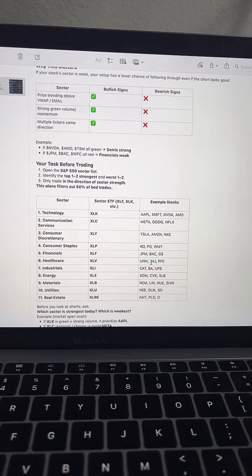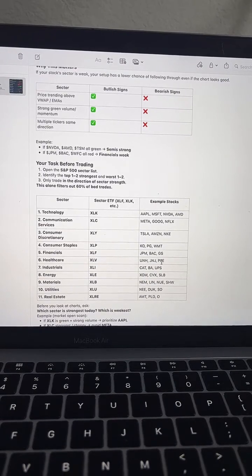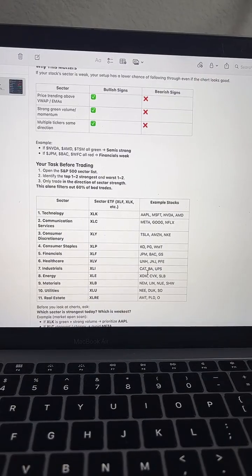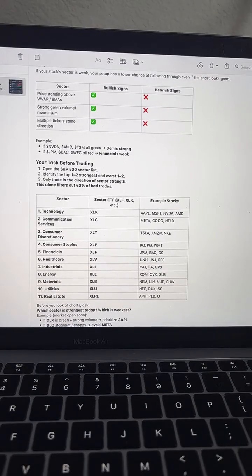Healthcare, you have United Healthcare, Johnson & Johnson, Pfizer. Industrials, that's Caterpillar, Boeing, UPS. Energy, the oil sector, you have ExxonMobil, CVX, which is Chevron.